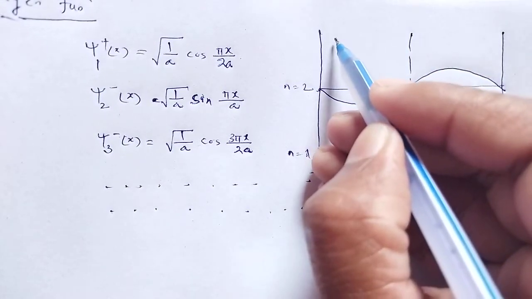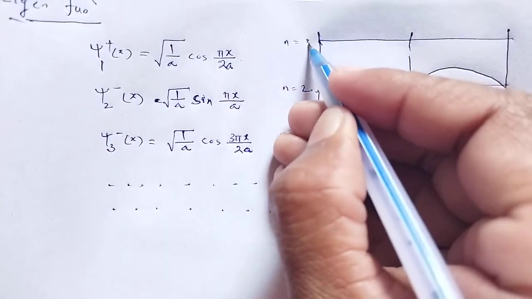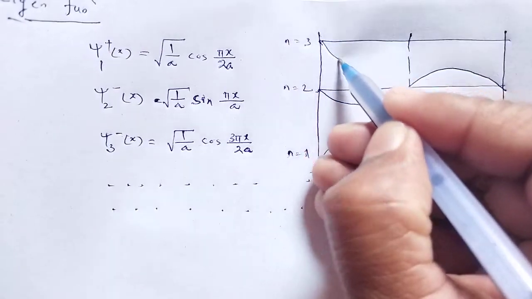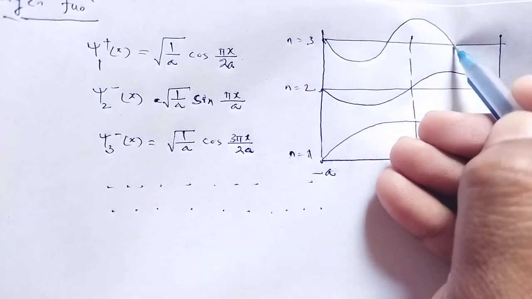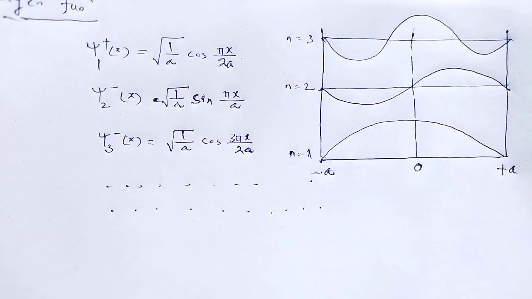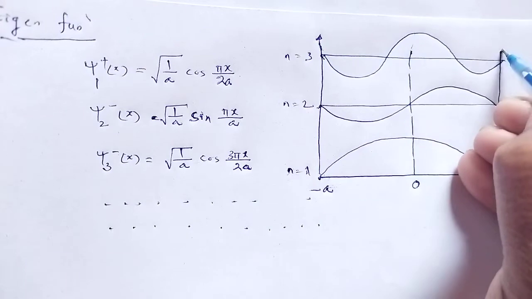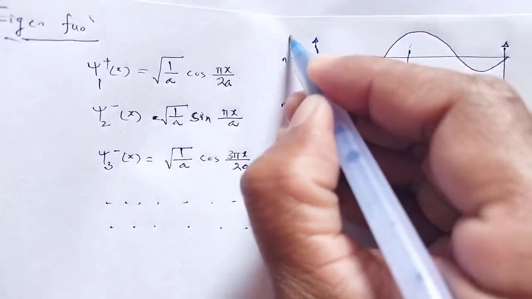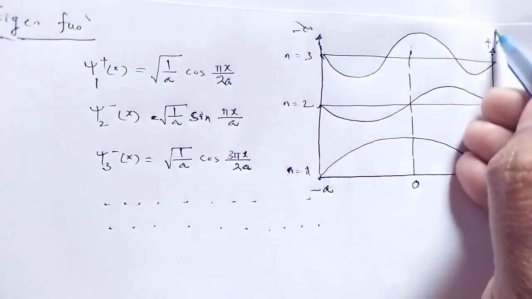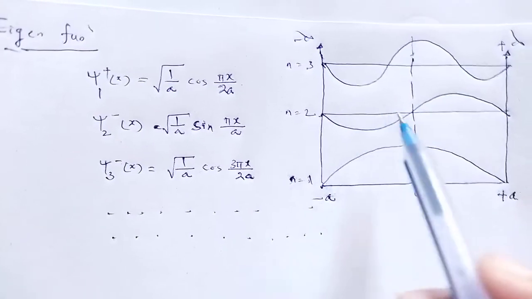For n is equal to 3, we get this. This stands for minus infinity to plus infinity. These are the eigen functions.